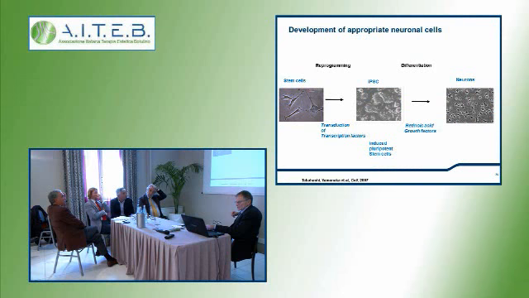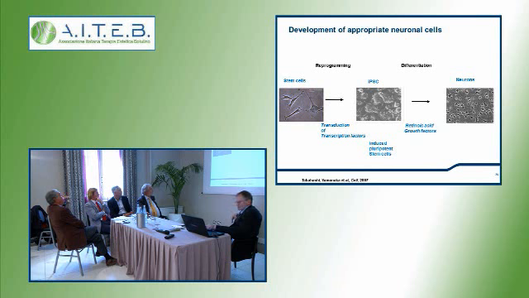But now there are methods to jump over this barrier, and that is induced pluripotent stem cells. There was the Nobel Prize last year to the Japanese scientist Yamanaka, who developed induced pluripotent stem cells.